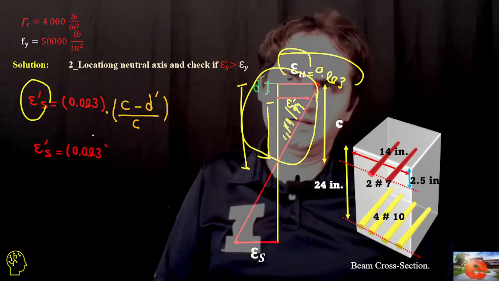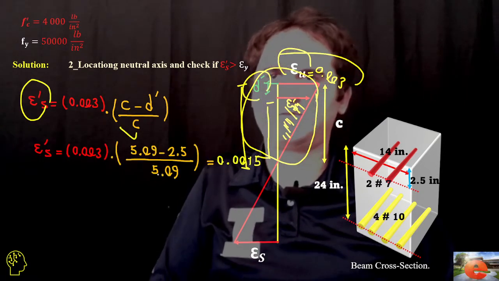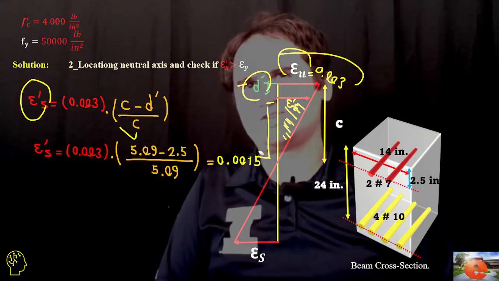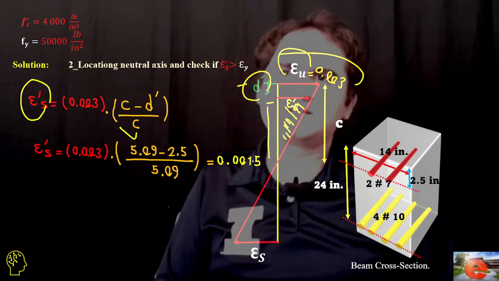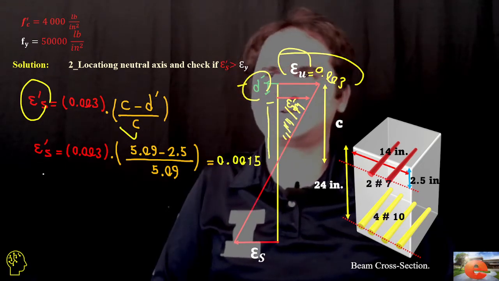We already know what c is, and d prime is provided from the problem statement, and it gives us a numeric value of 0.0015 for epsilon prime s.